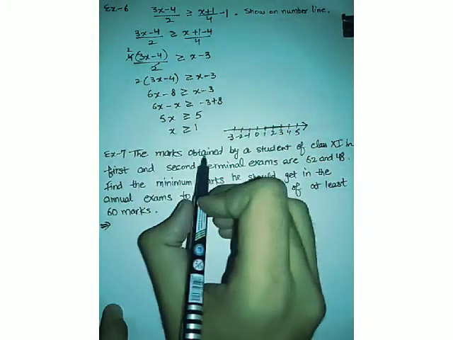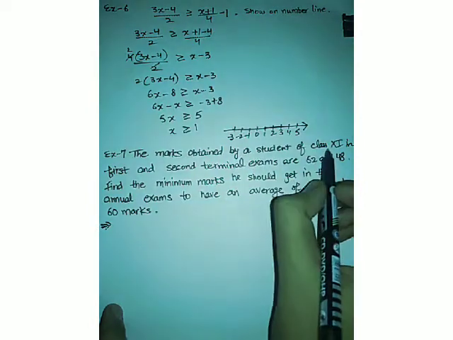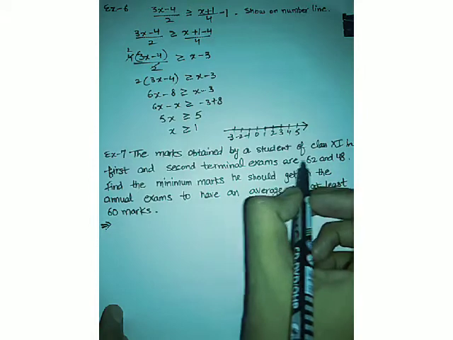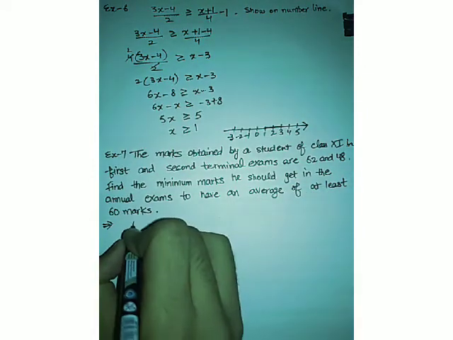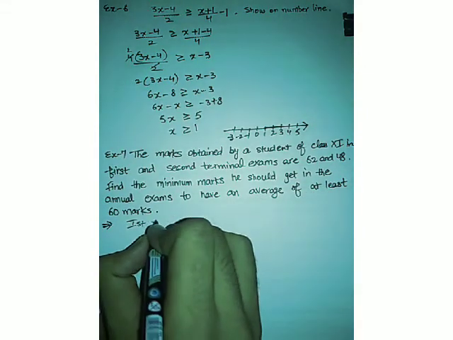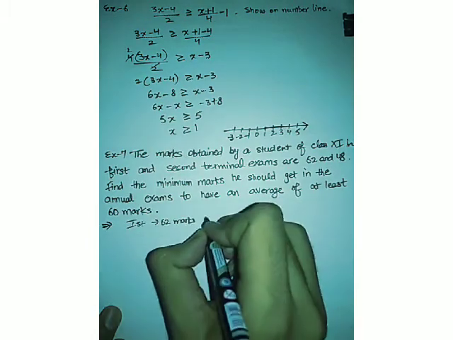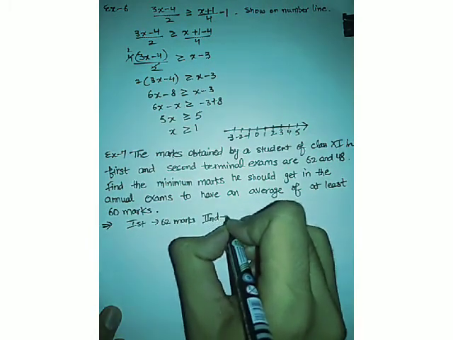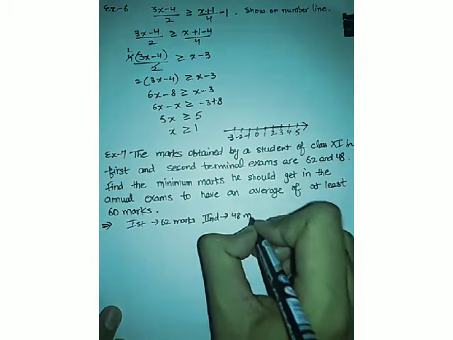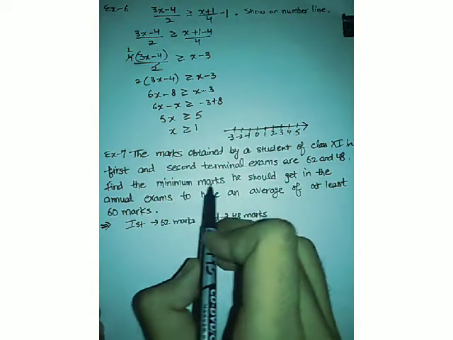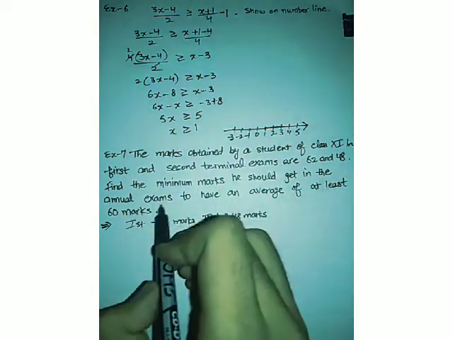The marks obtained by a student of class 11th in the first and second terminal exams are 62 and 48. In the first terminal exam, it's 62 marks. In the second terminal exam, it is 48 marks. All right, find the minimum marks he should get in the annual exam.